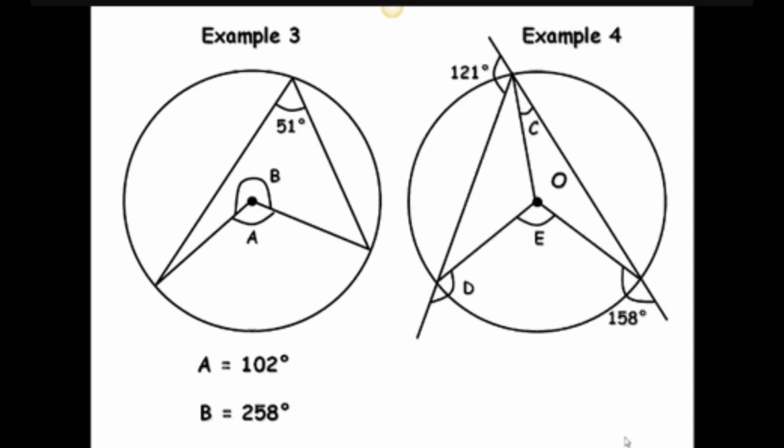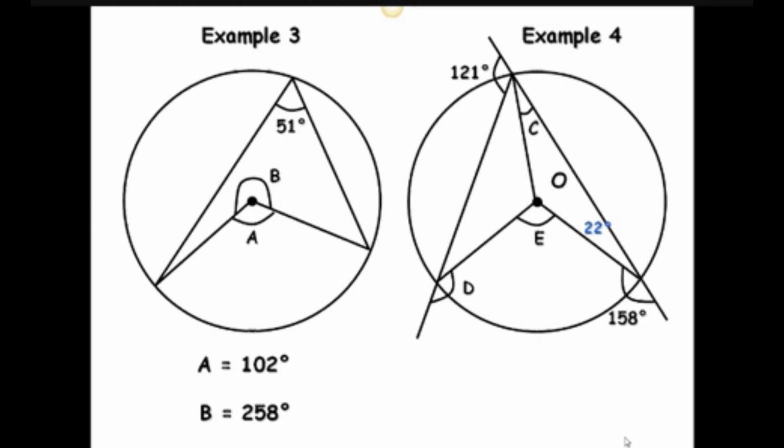Right, this is a bit more complicated. Example 4. So this is where we probably need to just highlight various bits and pieces and also consider answering questions in the order that the letters are given in the alphabet. So we're going to start with C. So let's look at what we know. We know that one of those angles is 158. We know that that little angle I've marked there must be 22 because angles on a line add up to 180.